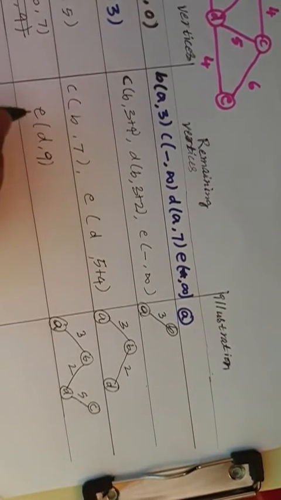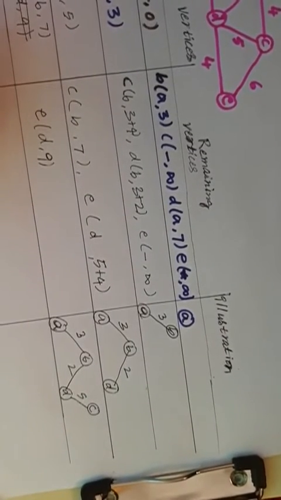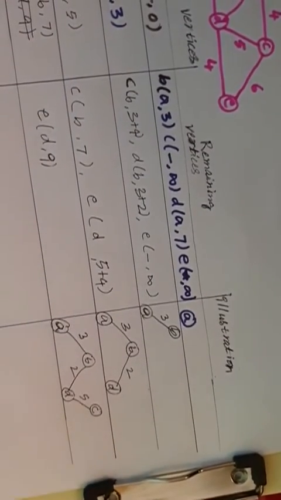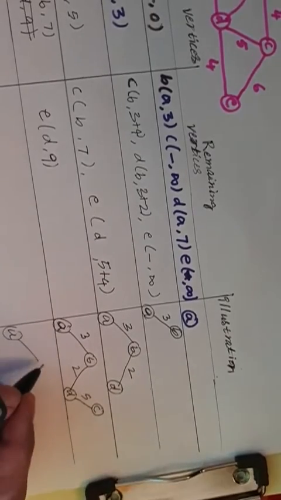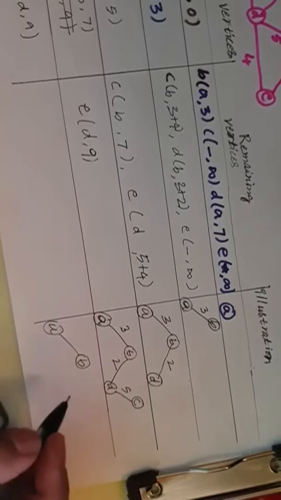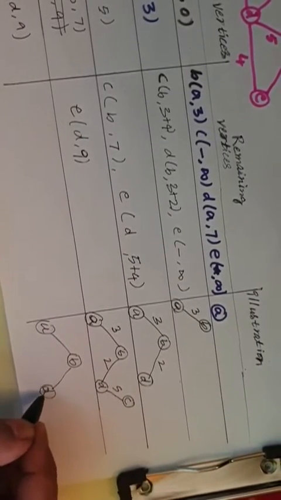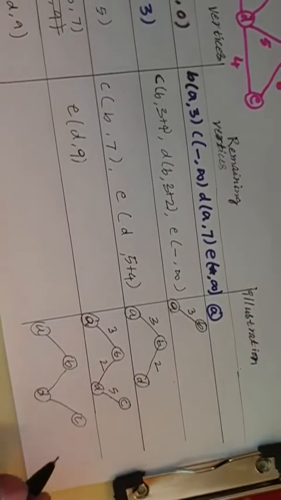Now the remaining vertex is only one vertex. Select that vertex also and insert into the tree. Okay, now E is also inserted. So A, B, D, C, these vertices are already inserted.